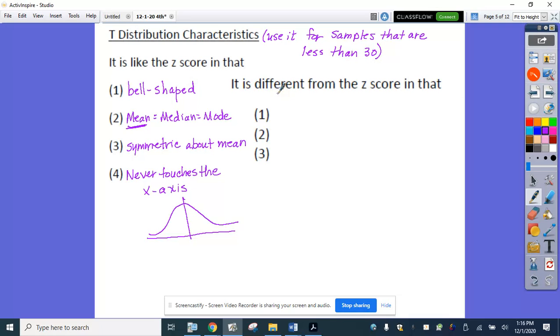Part of the reason for that is that the variance is greater than 1. Now, some of you like to see the mathematical symbols. So here are the mathematical symbols for variance is greater than 1. And it is based on not one single curve, it's based on a family of curves.